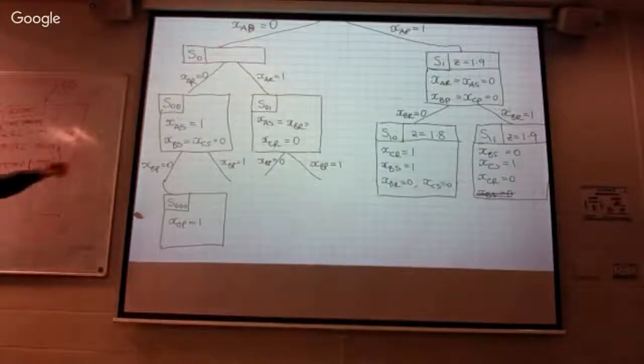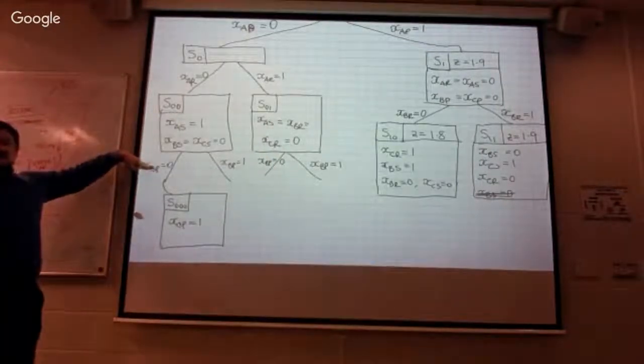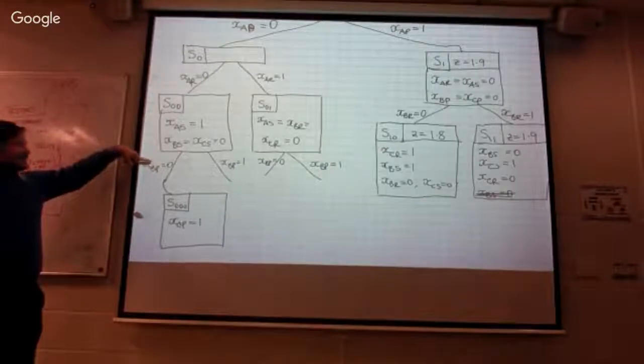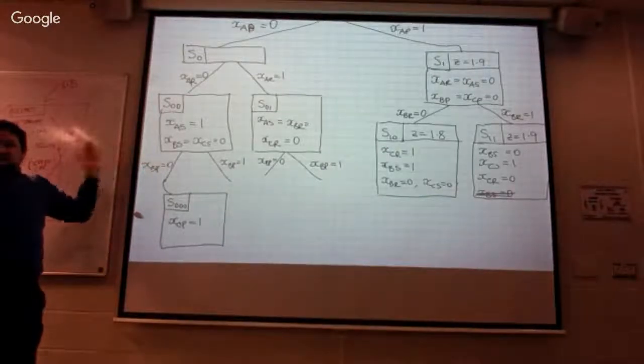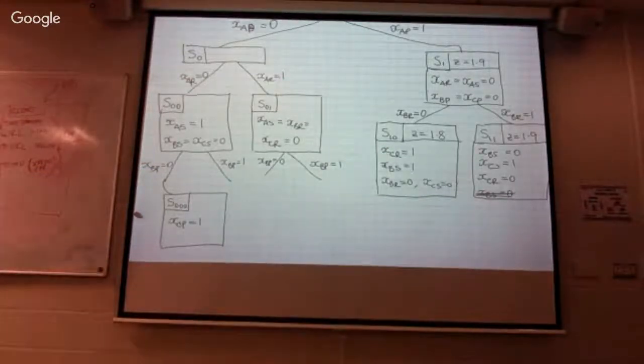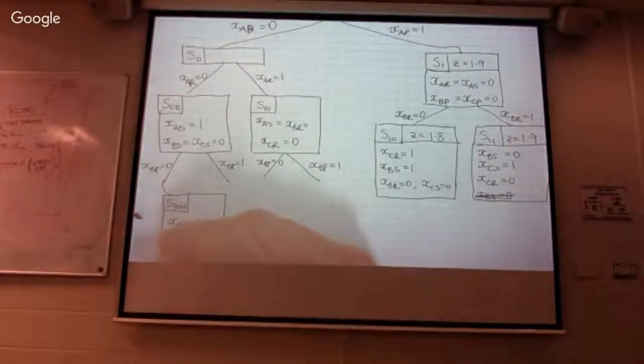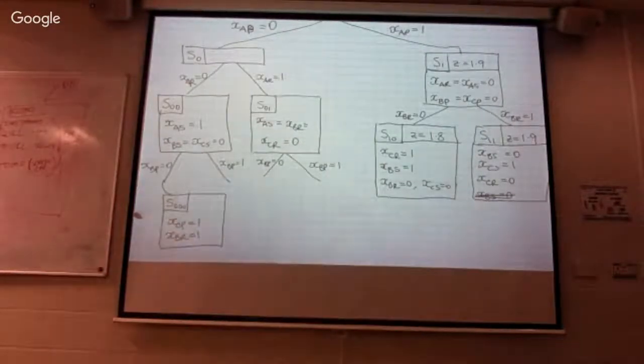And I have xap is 0 and xbp is 0, so xbr must be 1. And xcr therefore has to be 0. You happy with that? Yeah.